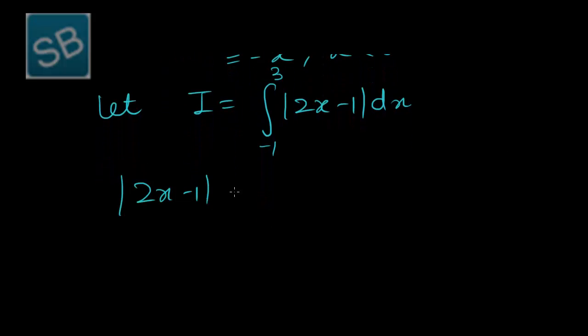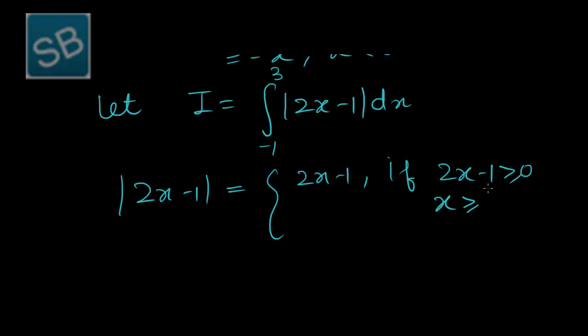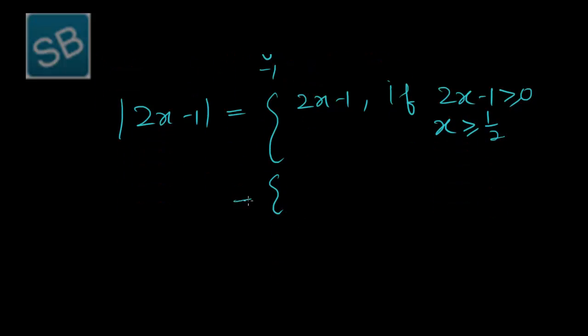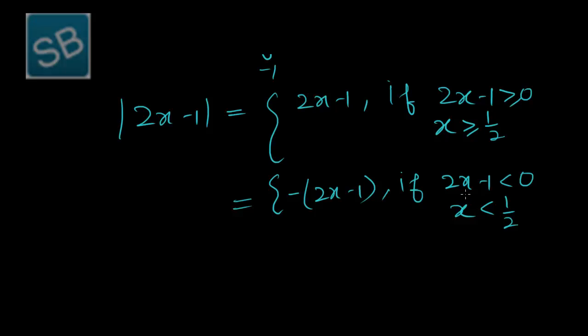Mod of 2x minus 1 is equal to 2x minus 1 if 2x minus 1 is greater than or equal to 0, that is, x is greater than or equal to half, and it is equal to minus of 2x minus 1 if 2x minus 1 is less than 0, that is, x is less than half.